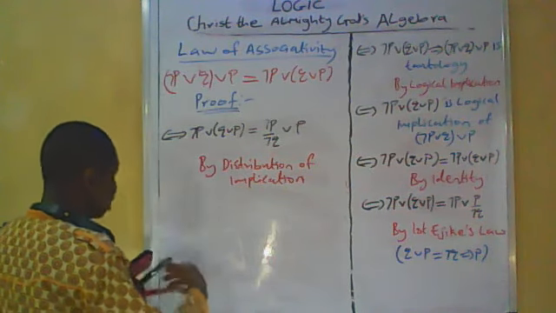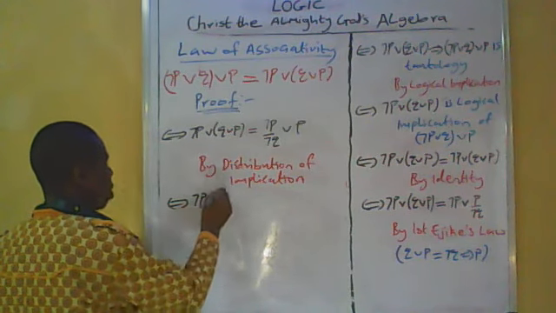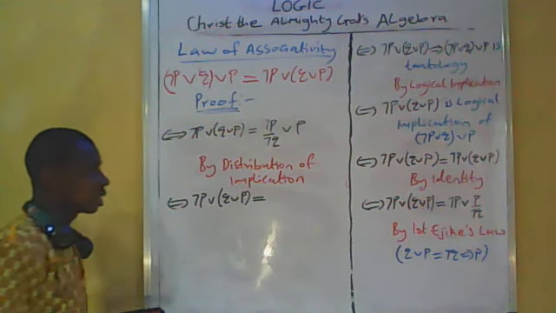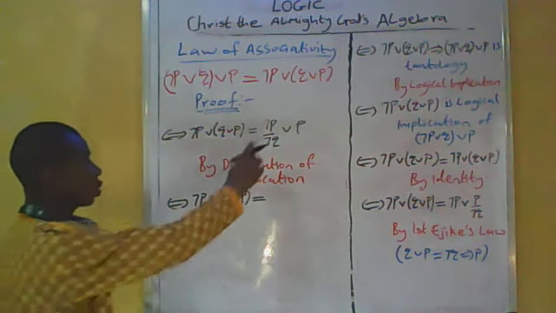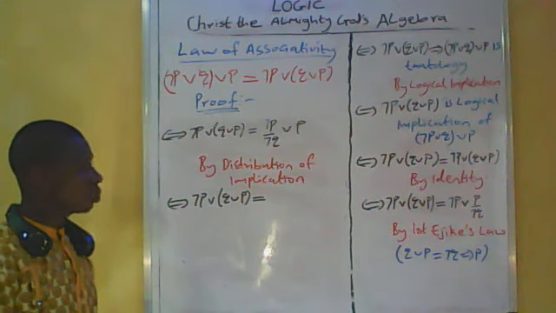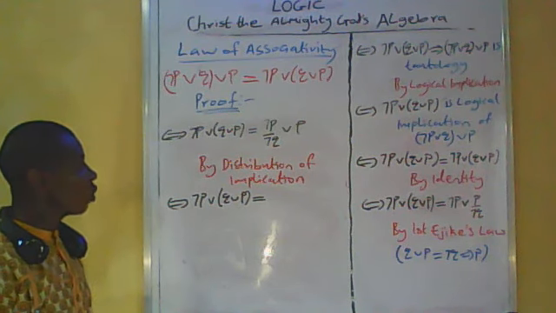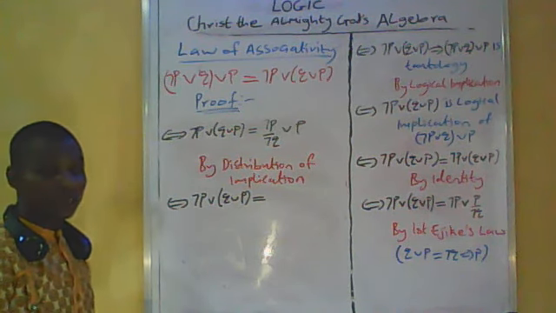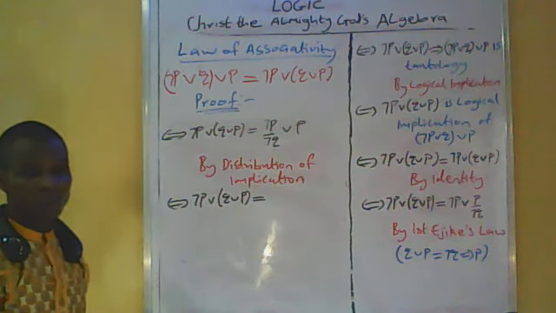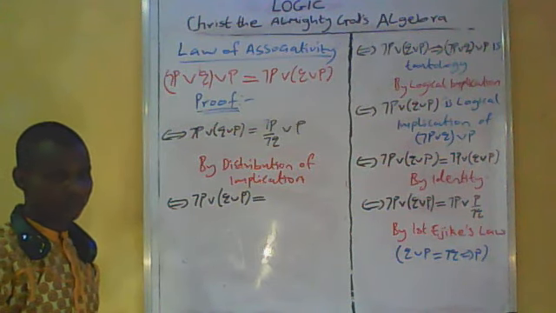So if and only if not P or (Q or P) is equal to, now this not Q is being generated through a disjunctive statement.